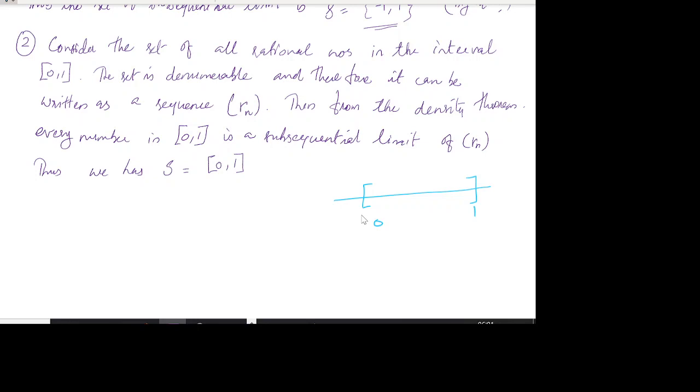We're taking the rationals, so they have positions: this is the first rational number, this is the second, third, fourth, fifth, etc. So you can form a sequence Rn as R1, R2, R3, etc. Now all the points in the closed interval [0, 1] are going to be subsequential limits of Rn.